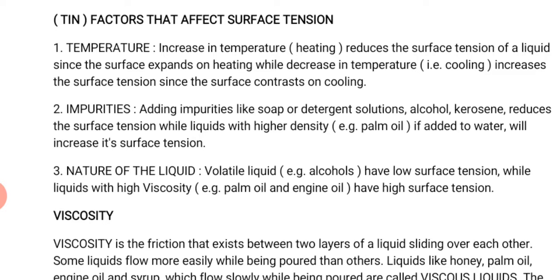2. Impurities. Adding impurities like soap or detergent solution, alcohol, kerosene, reduces the surface tension, while liquid with higher density, e.g. palm oil, if added to water, will increase its surface tension because of its viscosity. 3.